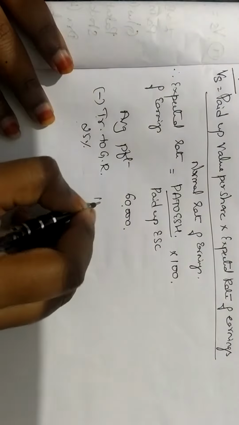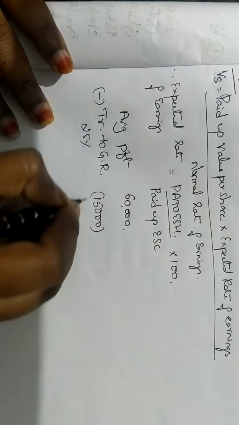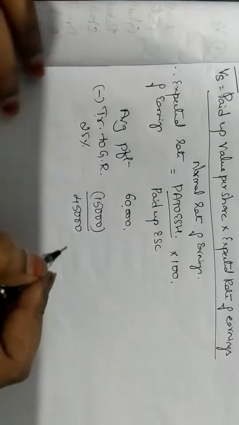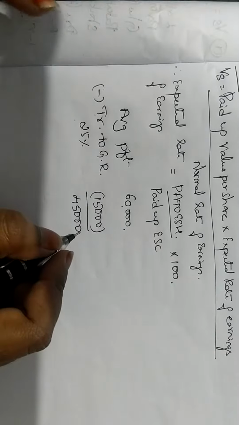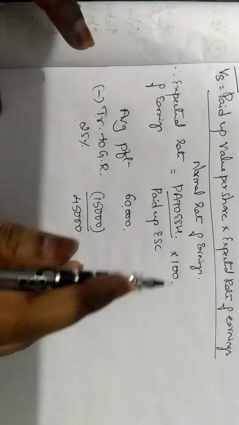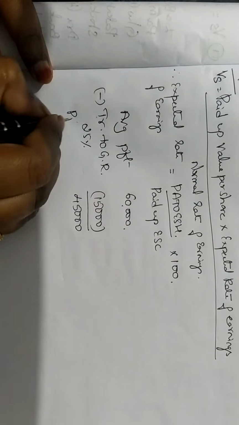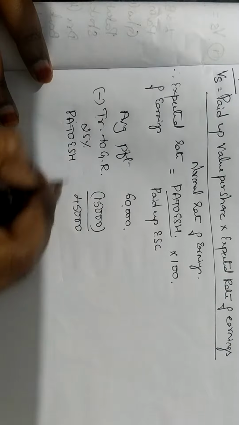So 25% of 60,000 is 15,000. So 60,000 minus 15,000, you will get 45,000. This 45,000 is my profit available to equity shareholders.